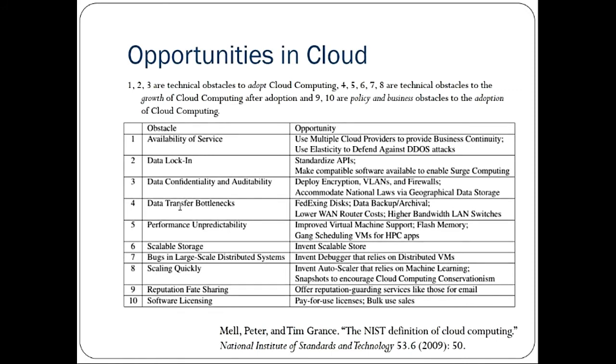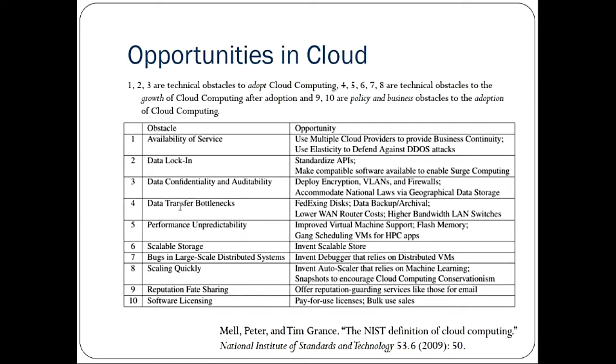So if we start some cloud company or cloud computing features, then after starting there are some more obstacles that will come. These are fourth, fifth, sixth, seventh, and eighth, and these are actually mainly maintenance issues.